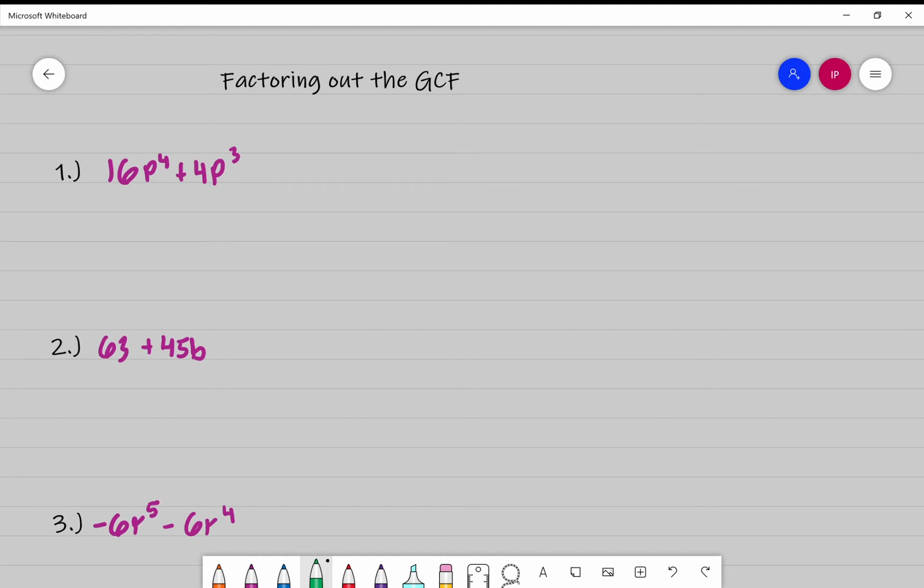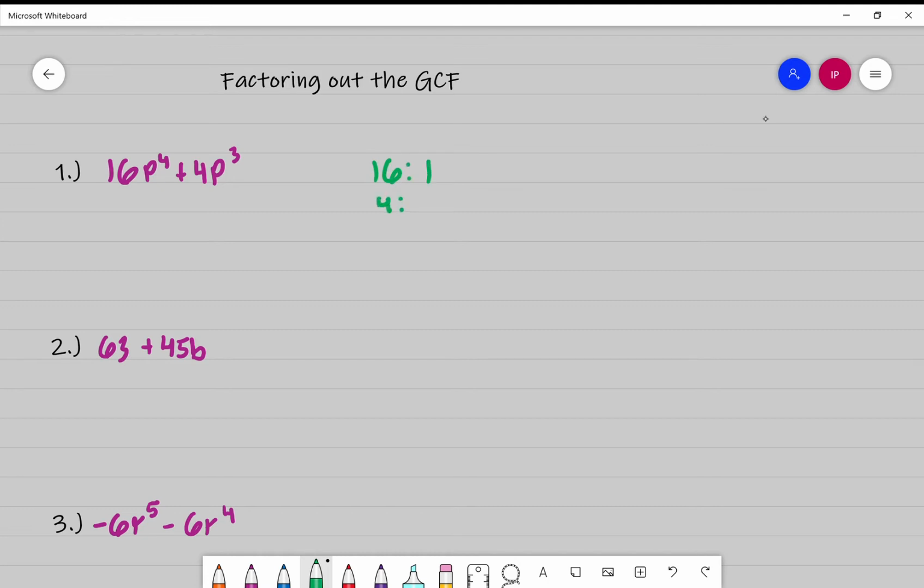So what I always do, like in the previous video, is I always find the GCF of the numbers first. So we're going to find the GCF between 16 and 4.